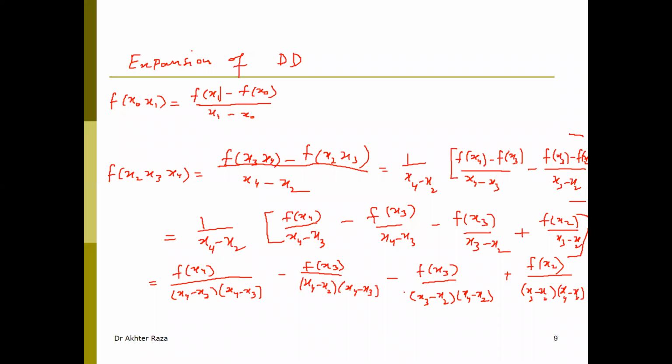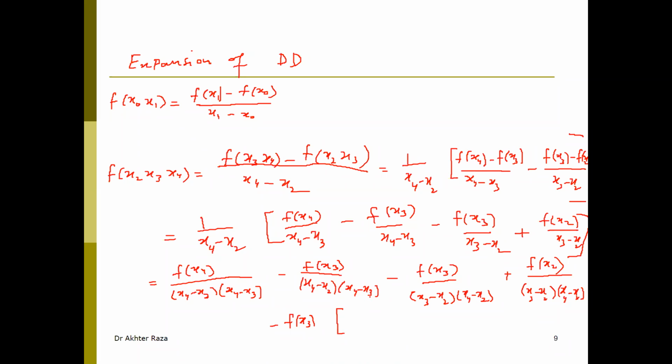Now we can take f(x3) as common out of these two middle terms. So this can be written as f(x3) and x4 minus x2 is common.